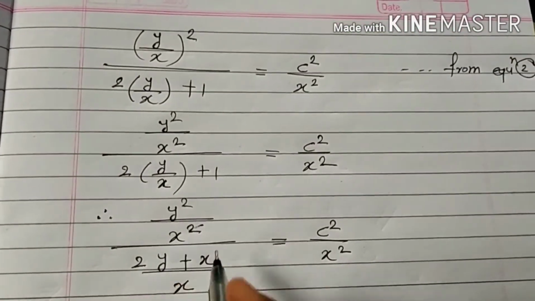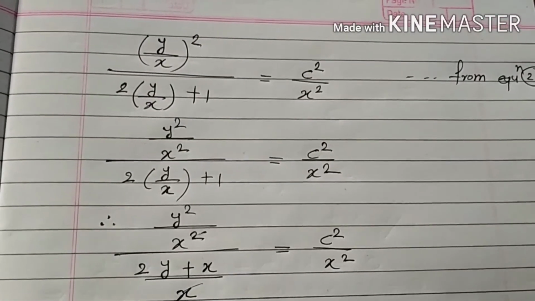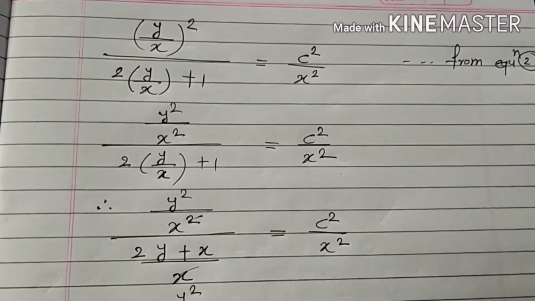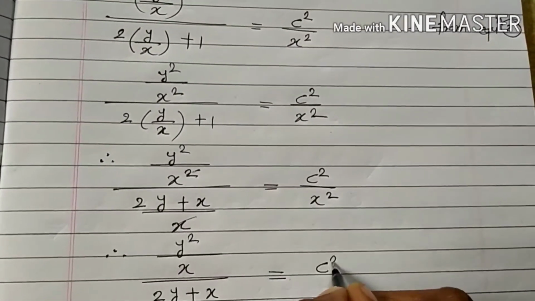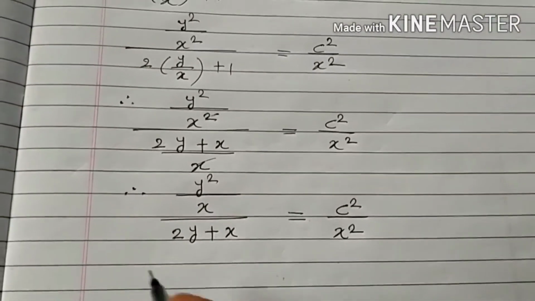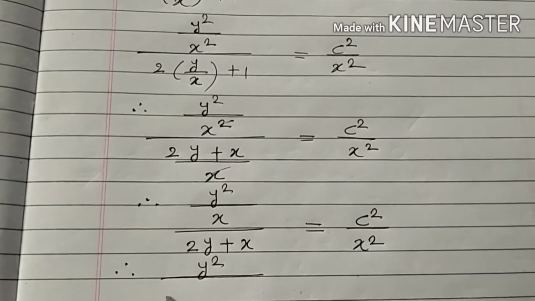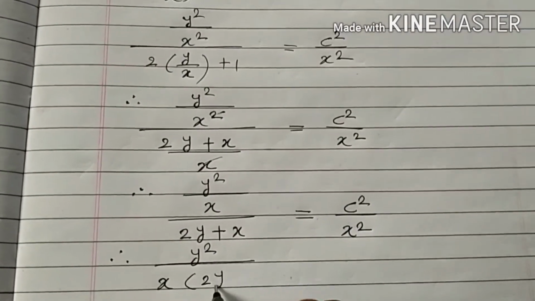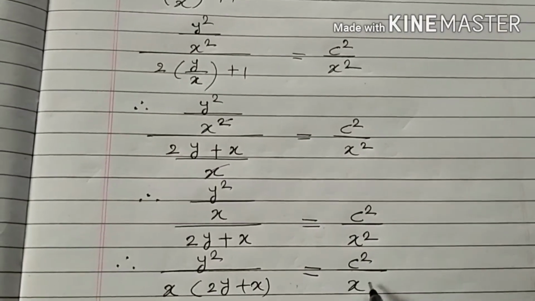Now this one x term and this x term get cancelled, so here remaining is y square upon x upon 2y plus x, which is equal to c square upon x square. So I am writing this term like that, y square upon x times (2y plus x), which is equal to c square upon x square.